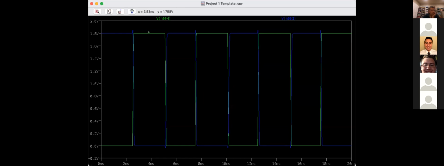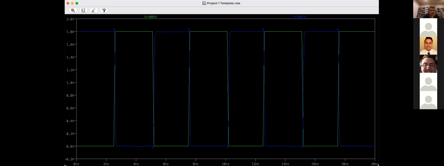Okay, so the green is the input to that inverter, and blue is the output of the inverter. The blue has a certain rise and fall time as it inverts the input. There's a certain propagation delay from the 50% point of the green input to the 50% point of the output. It's doing some funky stuff here and here, which we'll talk about later.